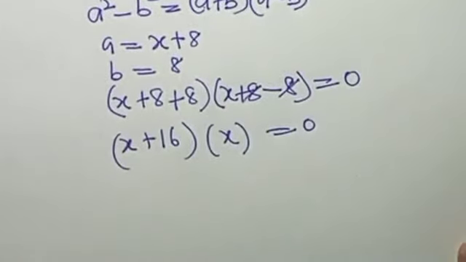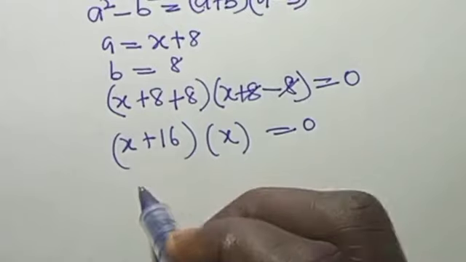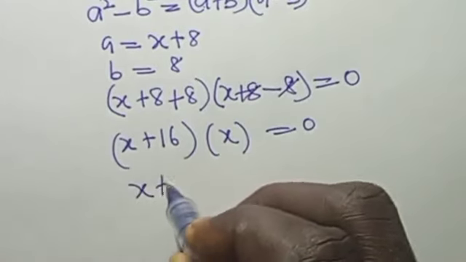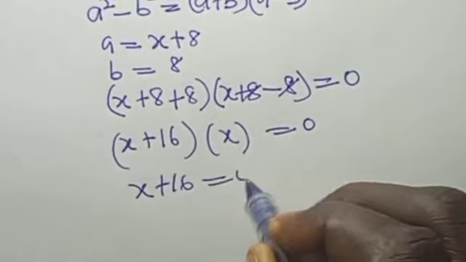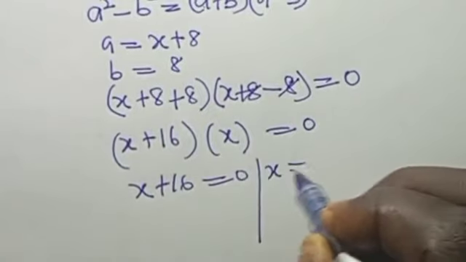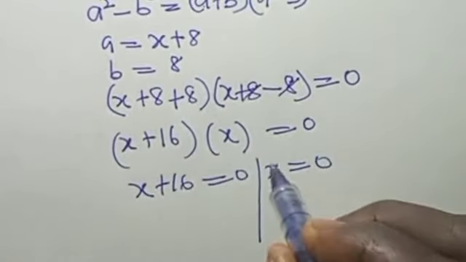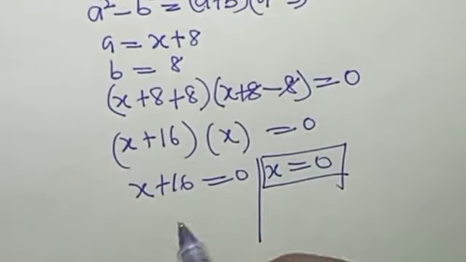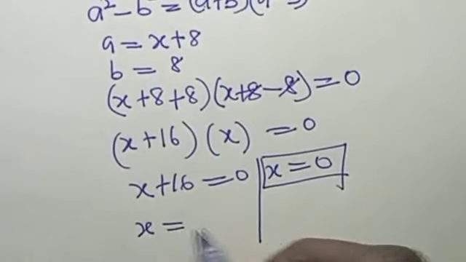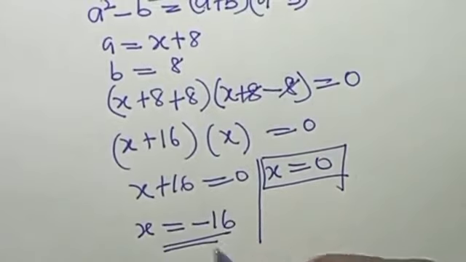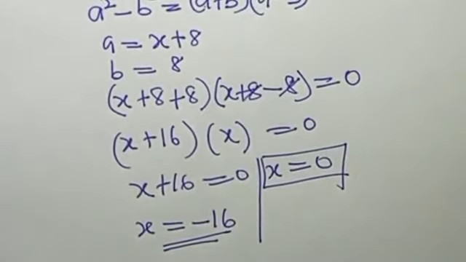Here we apply the zero product rule that says x + 16 = 0 or x = 0. Here is the first value for x, and x here is equal to -16. And this is the first method.